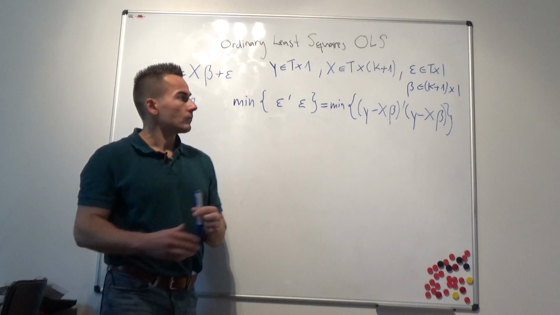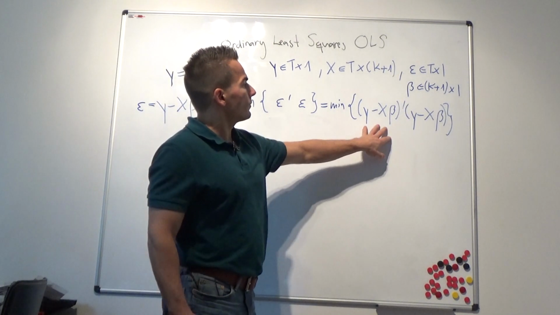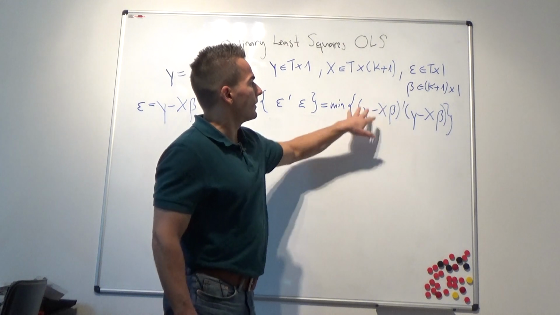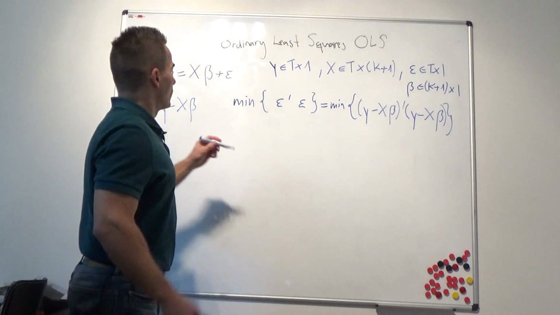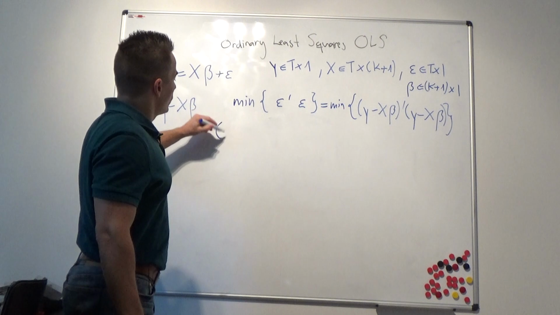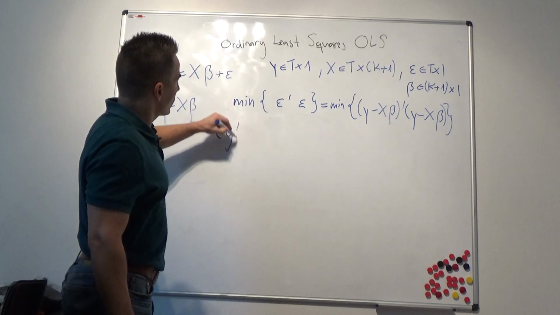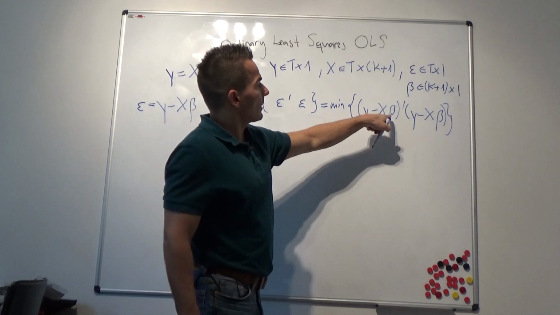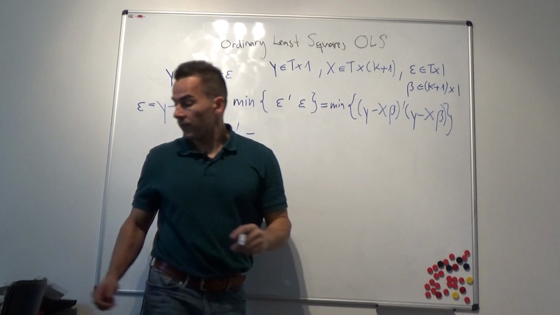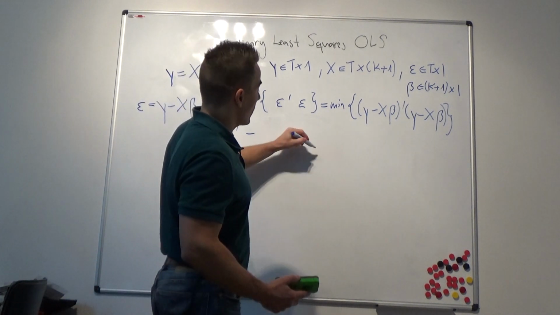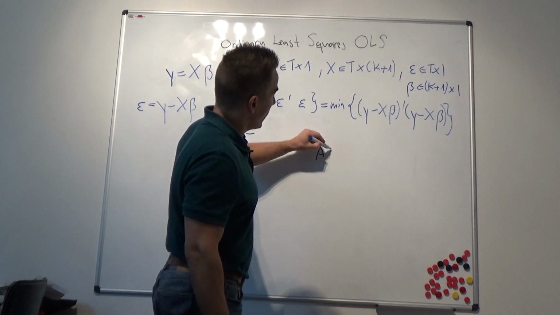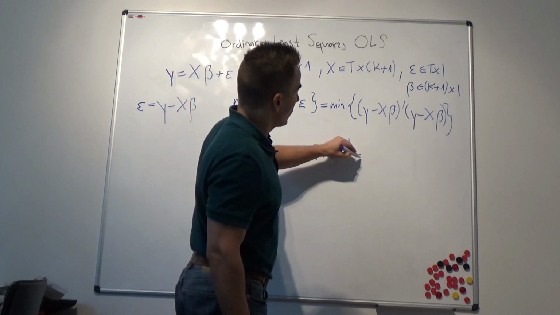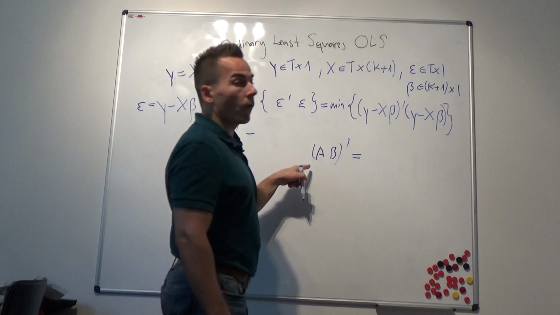So the first step is that we transpose what is here in the parentheses. So we transpose first the y vector minus X times beta, transposed, and we know from linear algebra, if we have a matrix product A times B transposed, we have to change the order of matrices.